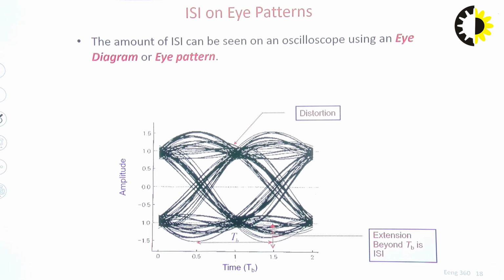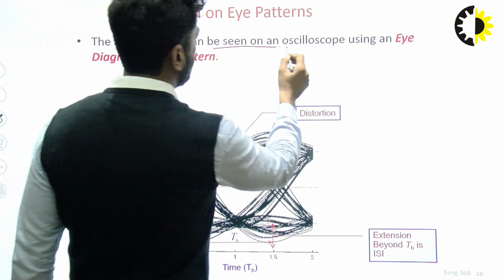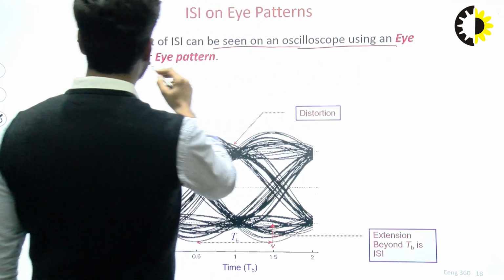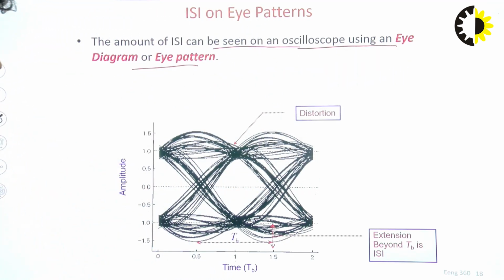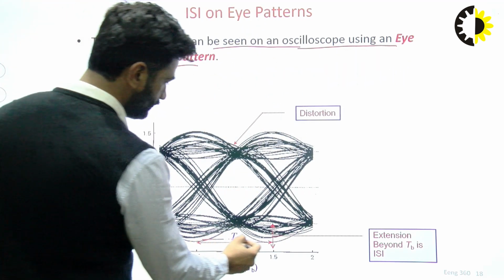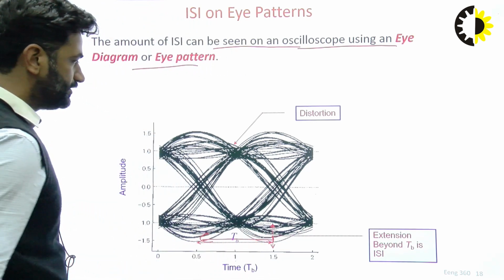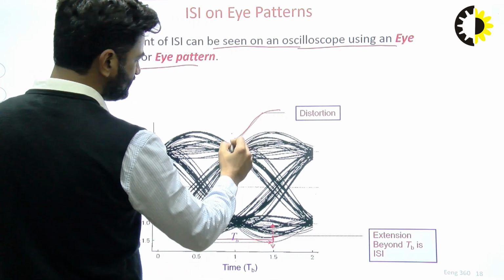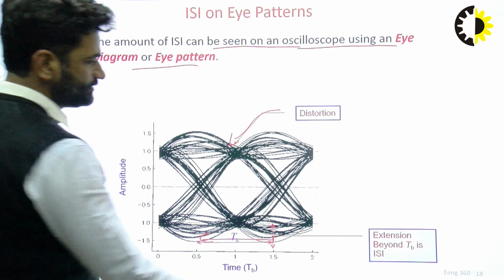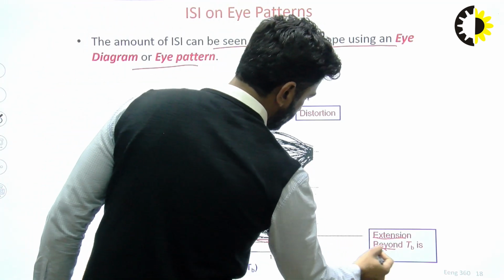Here you can see the amount of ISI can be seen on an oscilloscope using an eye diagram or eye pattern. This is the duration of the pulse, that is TB. Here you can see the distortion impact. If there is extension beyond TB, then ISI will be there.